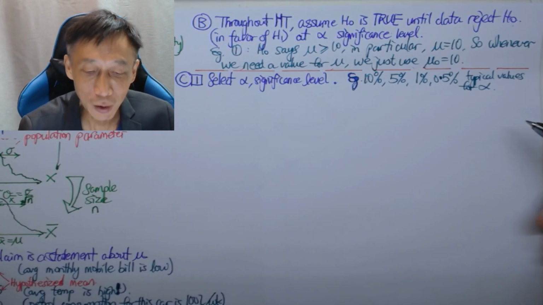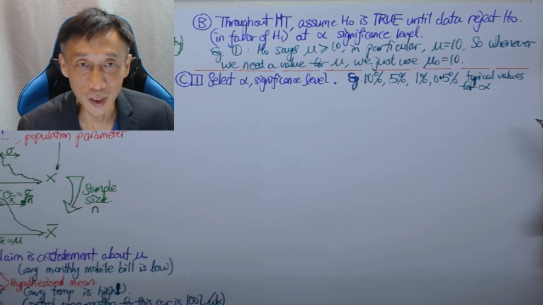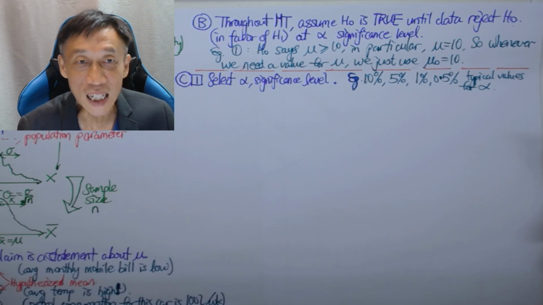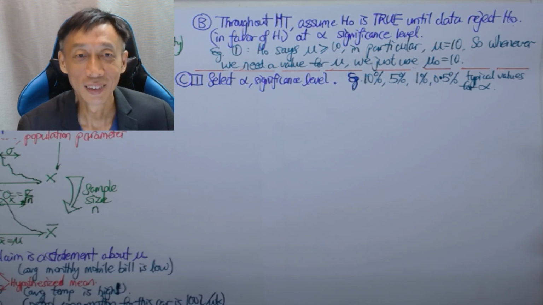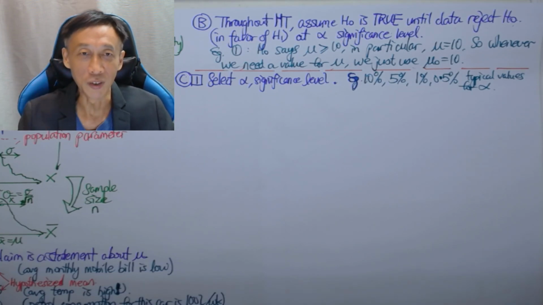All right, what kind of probability of occurrence is considered rare, considered unlikely to happen. Okay, so that's our significance level.